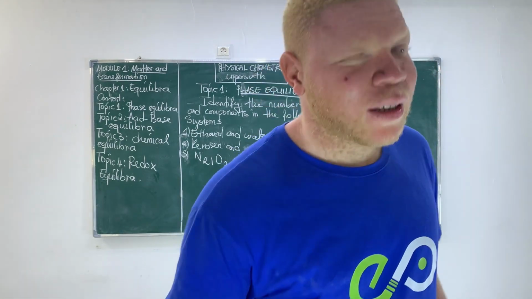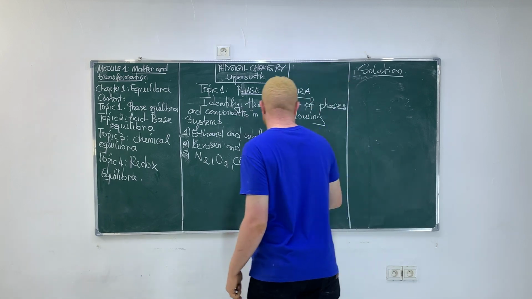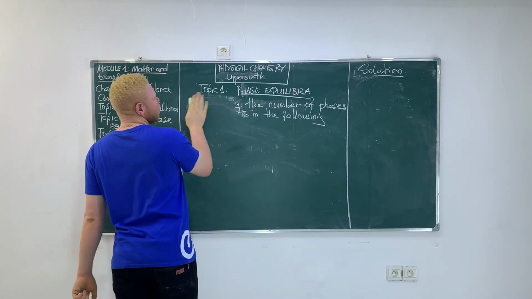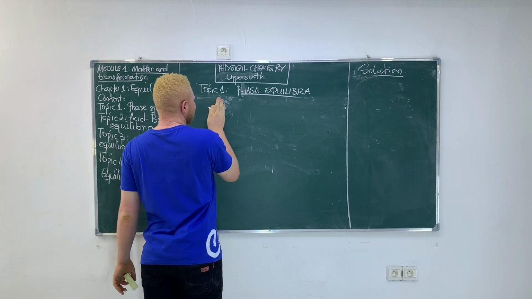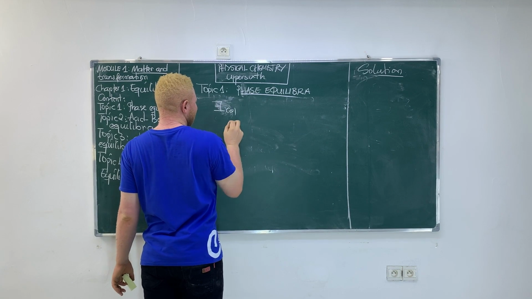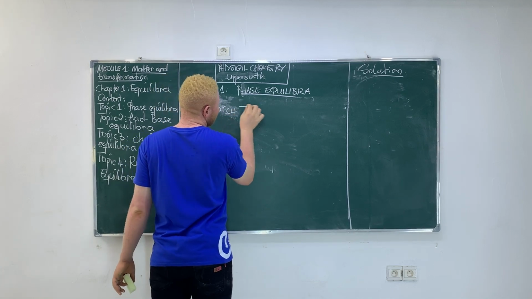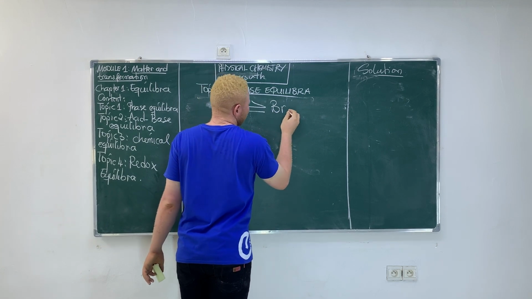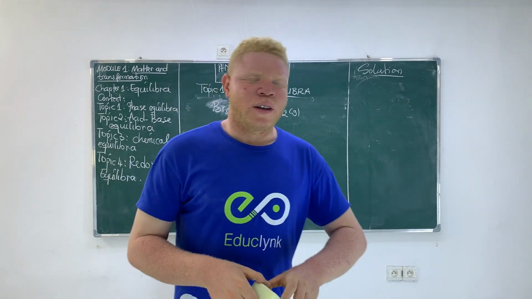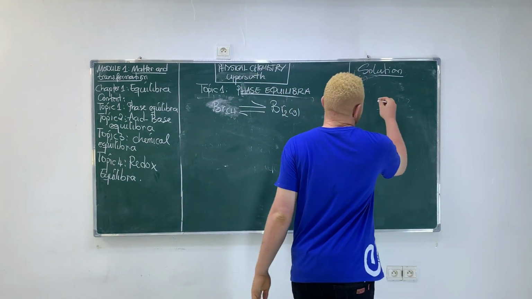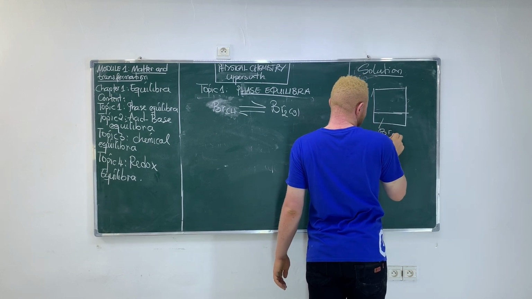So consider this system. If bromine is placed in a cylinder, inside the cylinder we have liquid bromine.